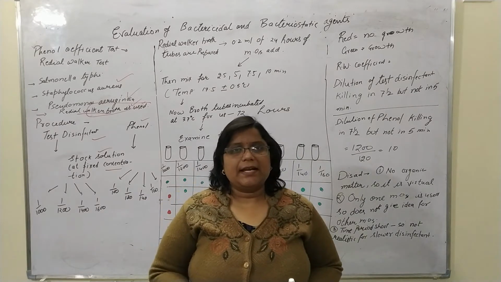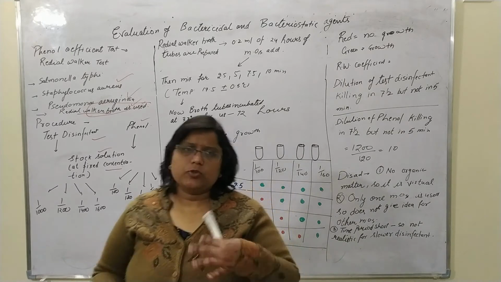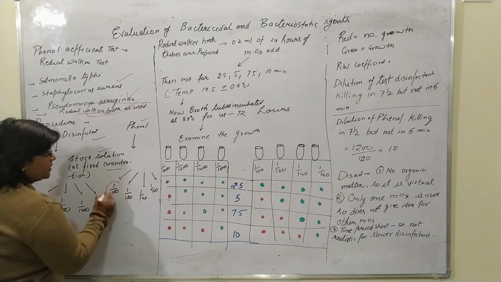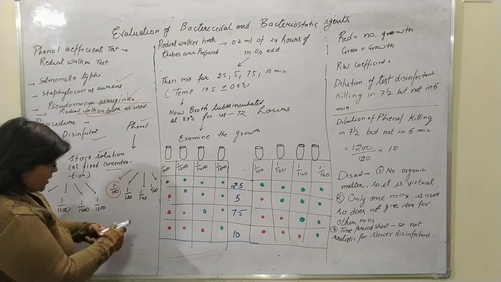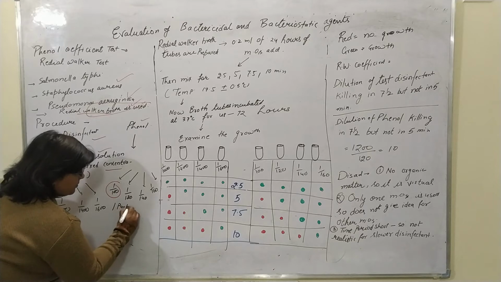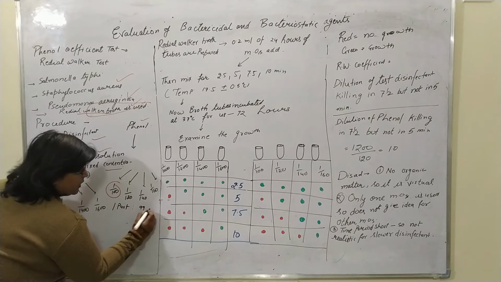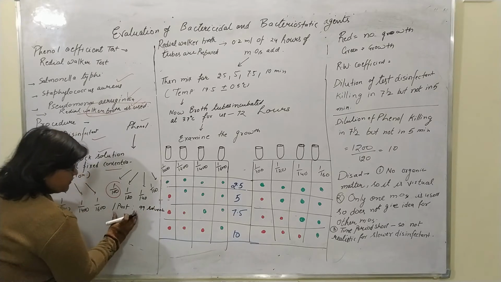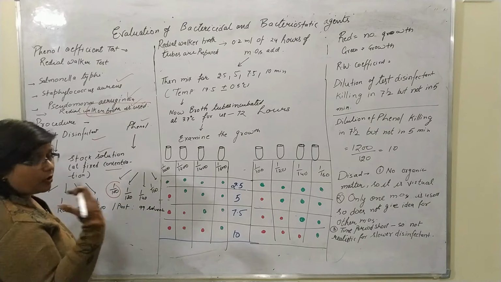The main thing is how the dilutions are prepared, so I will give a small idea here. If you want to prepare a 1:100 dilution, you have to mix 1 part of the sample with 99 parts of the reagent or solvent.